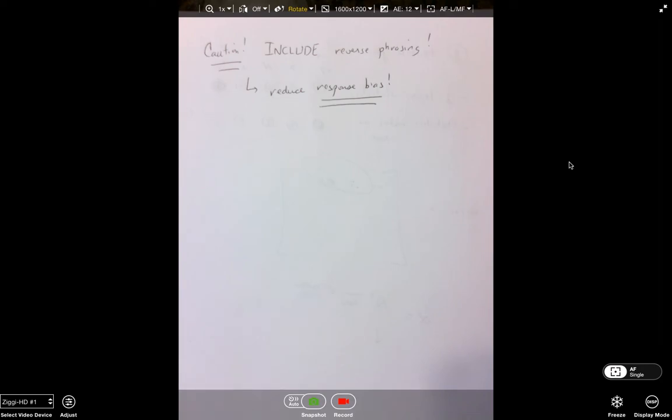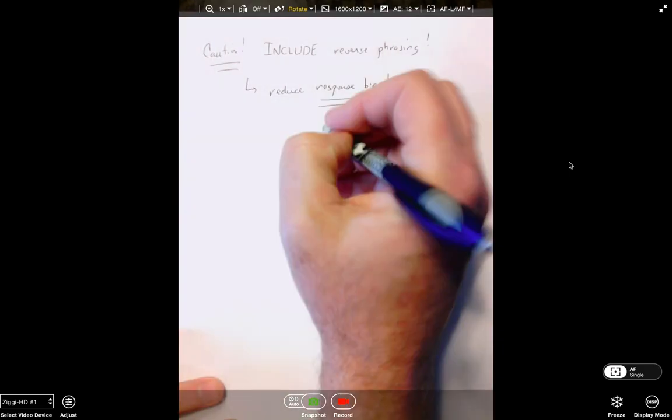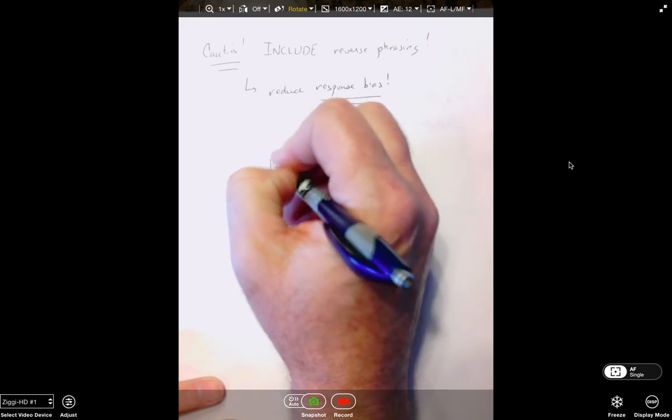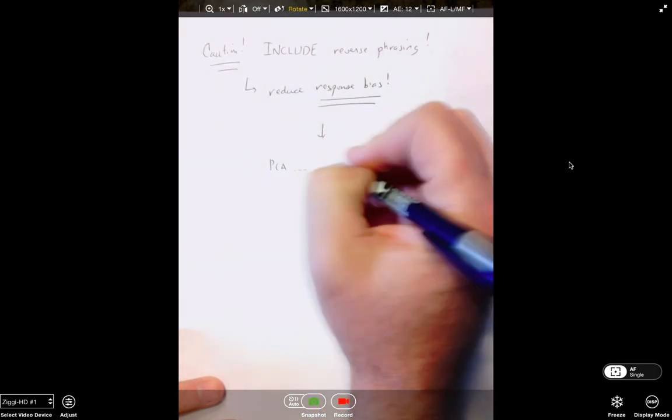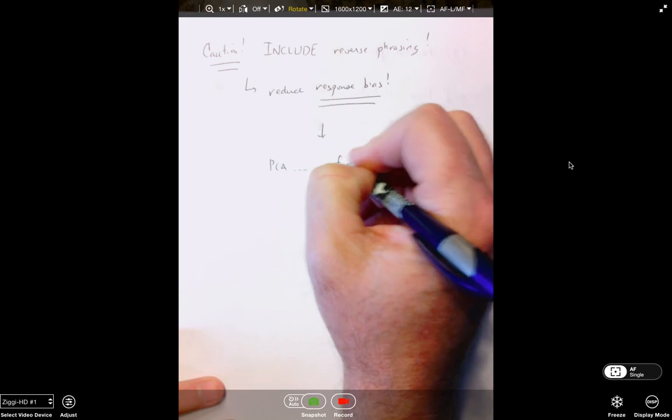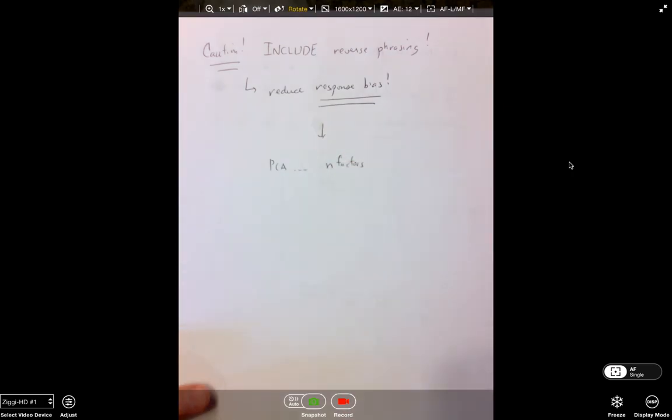Guys, one thing to keep in mind, if you have a large instrument like the doctoral student I was telling you about earlier, the easiest way to check this is to run your principal components, decide on the number of factors, and then look at the factor loadings.